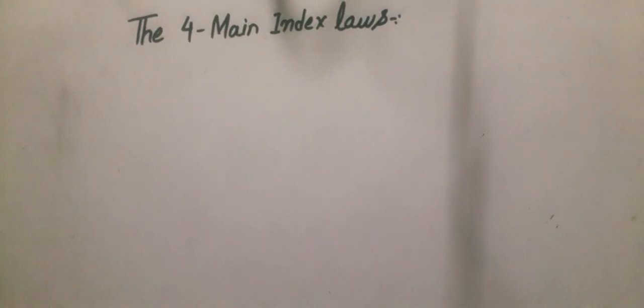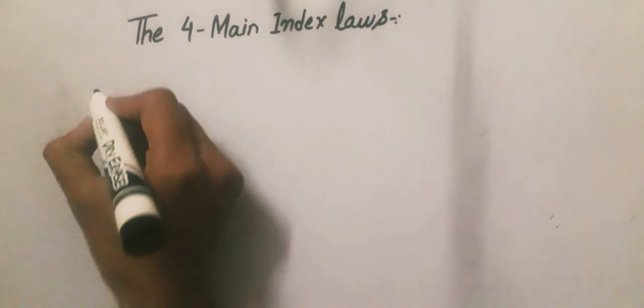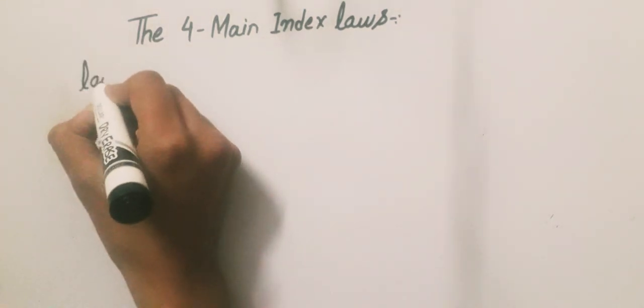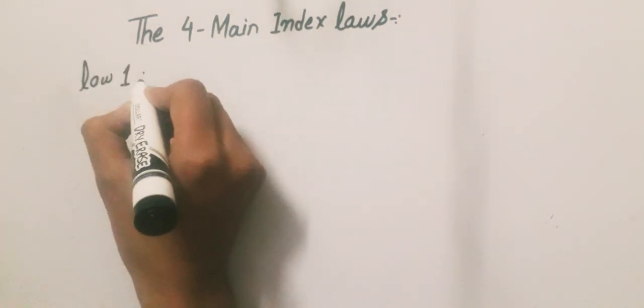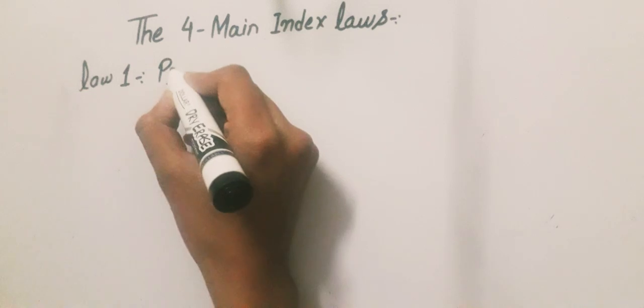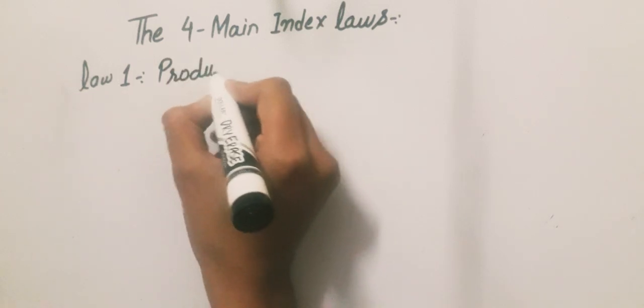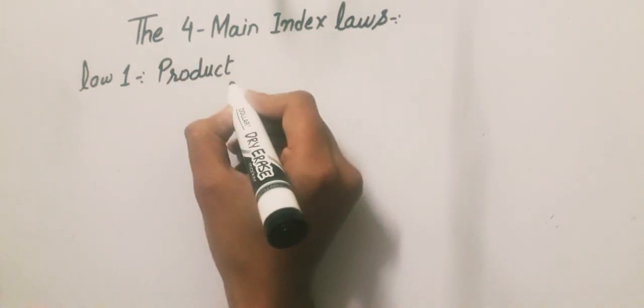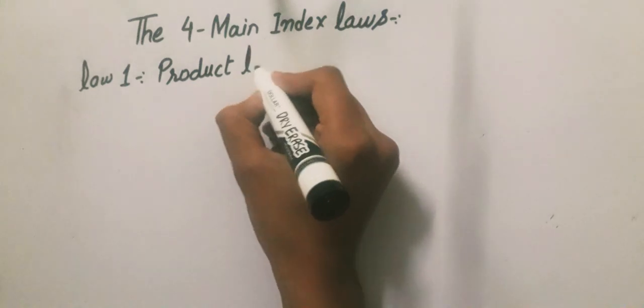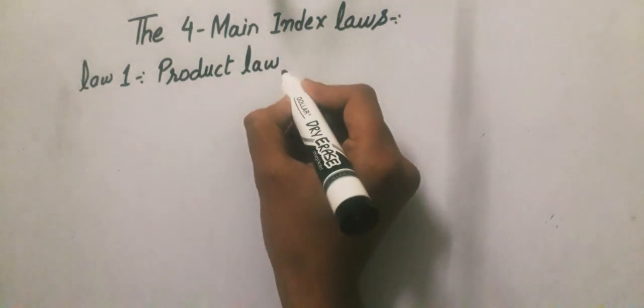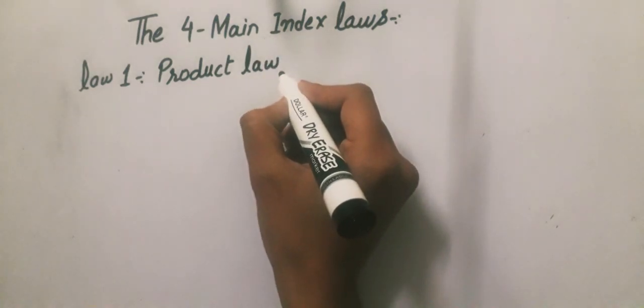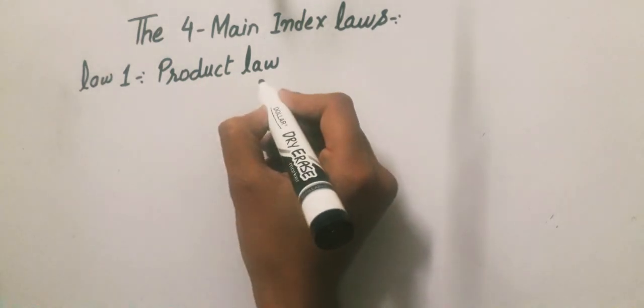Before solving examples, we will study the 4 main index laws. Law 1 is product law. You have to remember the name of this law is product law because in exercise 1A we will use this product law.